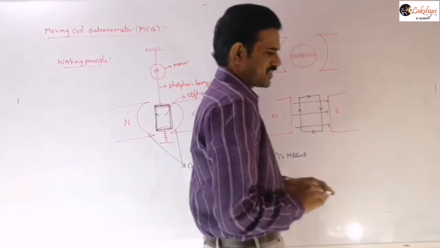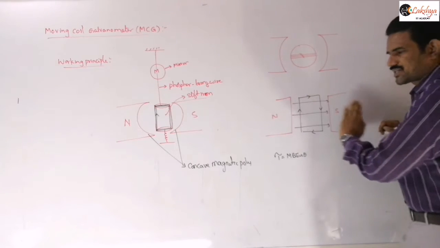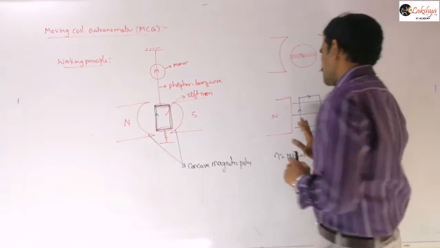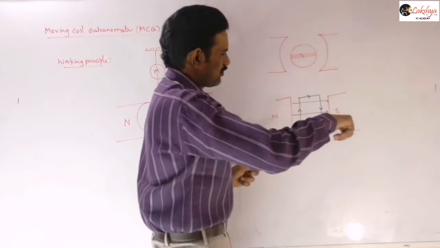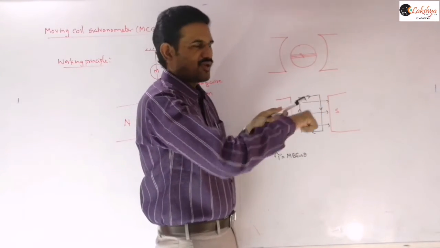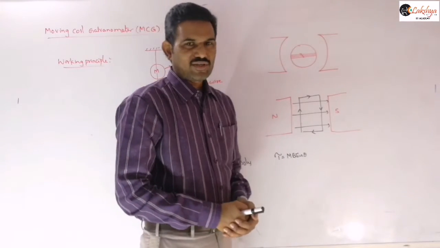If the current is taken like this, then M bar, the magnetic moment, will be into the plane, and B bar is like this. So M bar and B bar are perpendicular to each other, and maximum torque acts on this.